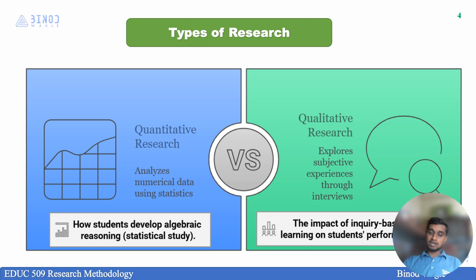The researcher uses interviews, open-ended surveys, and observations for this type of research. For example, the impact of inquiry-based learning on students' performance can be considered as one of the qualitative research examples. You can find various kinds of quantitative and qualitative research in Google Scholar and various websites.